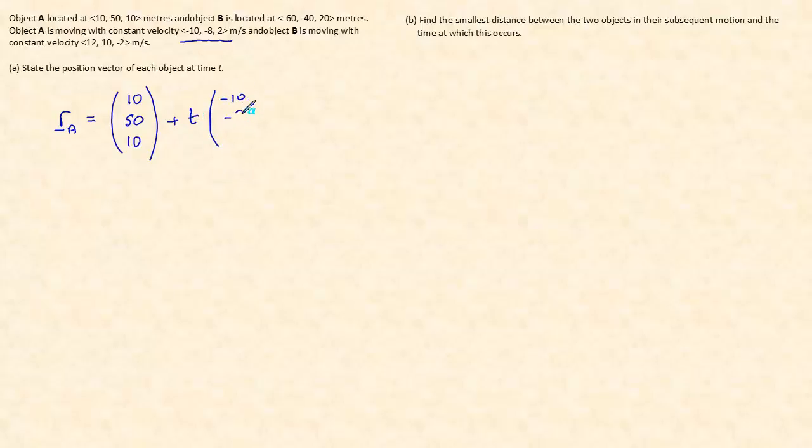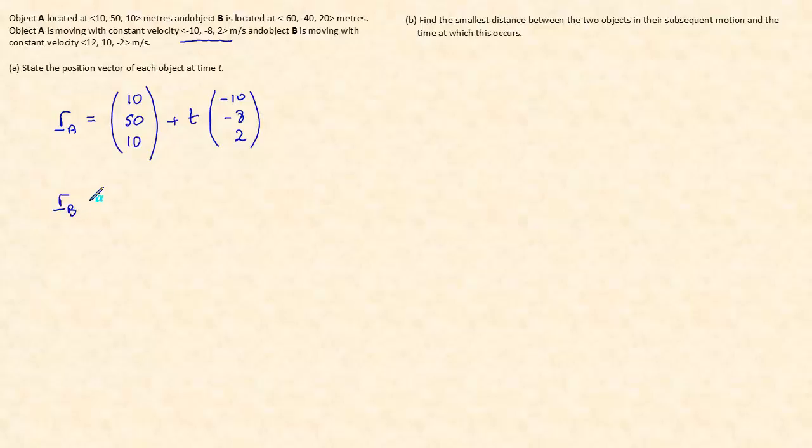When t is 0, it's at this initial point. When t is 1, from the initial point it's moved by this vector. When t is 2, it's moved twice that vector, and so on.